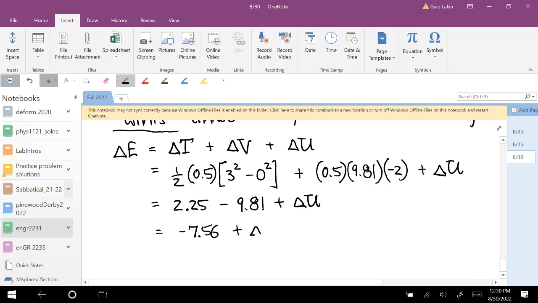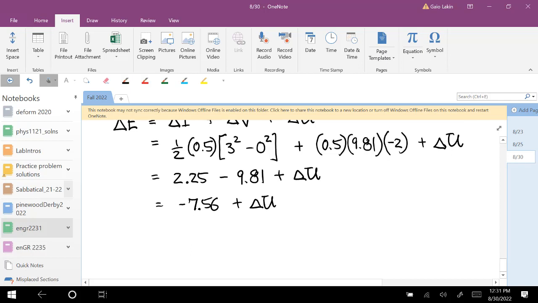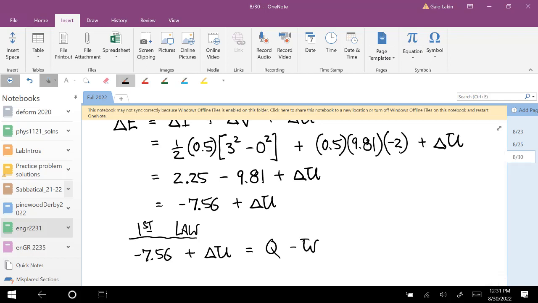-7.56 plus delta U. So now we'll go to the first law. That says that the change in energy, -7.56 plus delta U, is equal to Q minus W. So what does it say about Q and W?